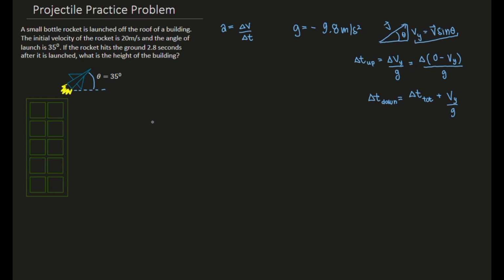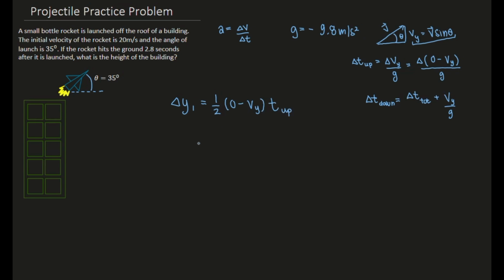We're going to call this change in y1. And that's going to be equal to 1/2 the change in the velocity, which in this case, from when it's launched and goes up, is 0 minus Vy, times the change in time as it's going up.